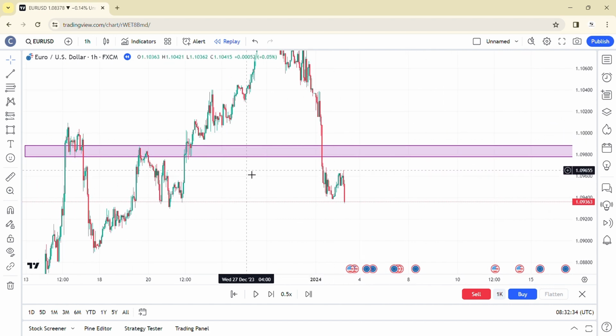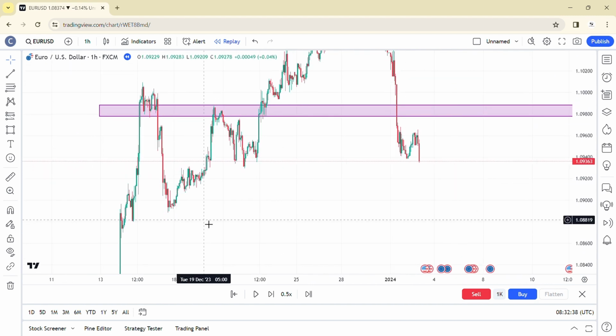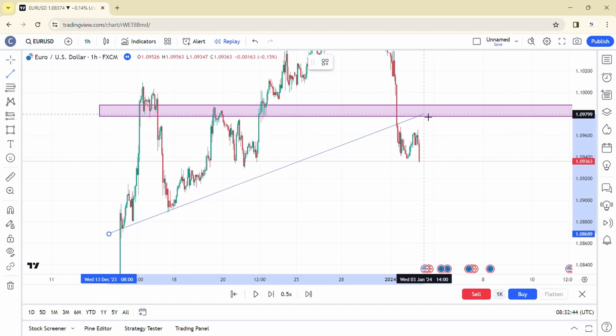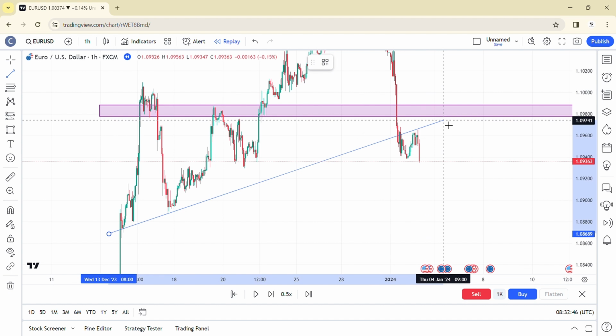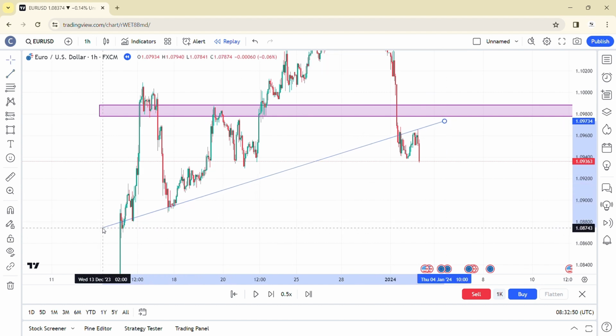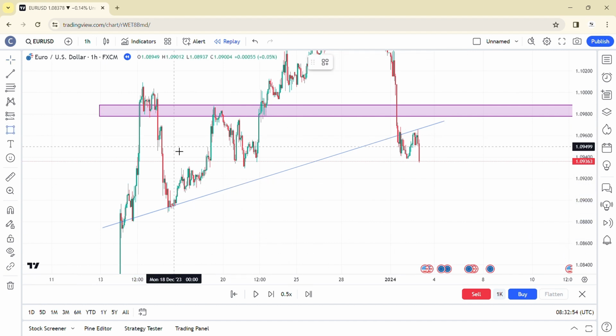I think we have a trend line over here also, and price has already broken that trend line and retested. Can you see that? Price has broken that trend line and retested already. You can see, let me draw that out for you.